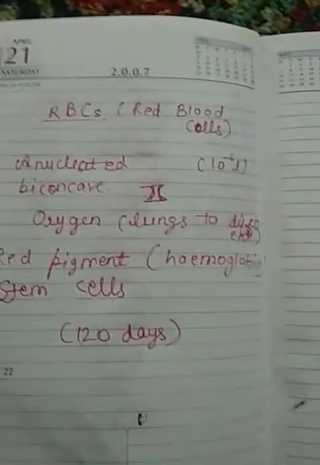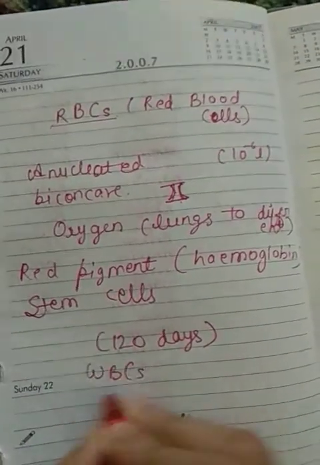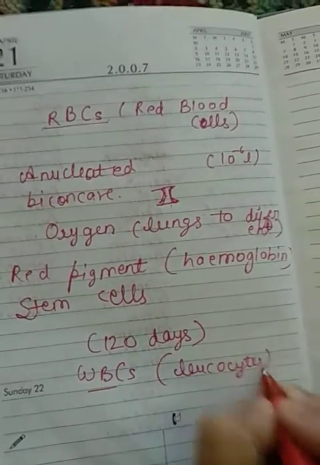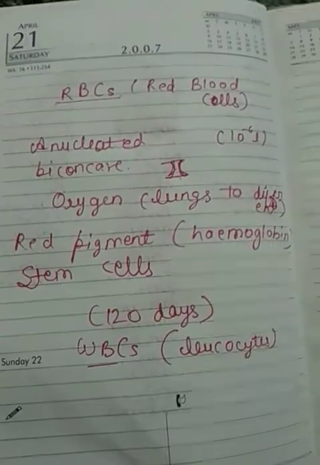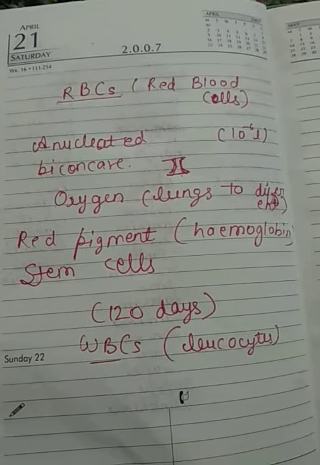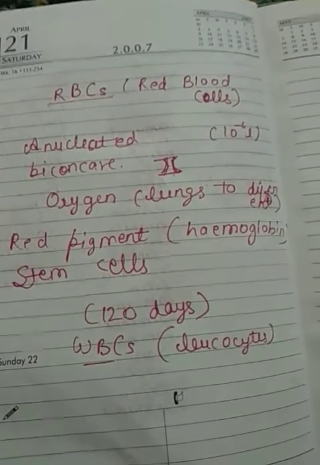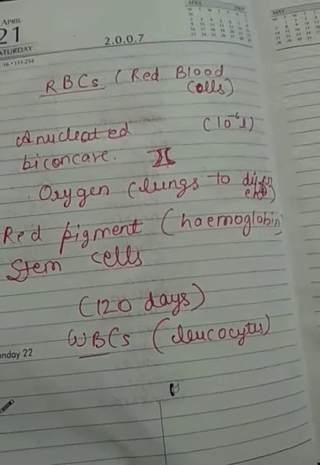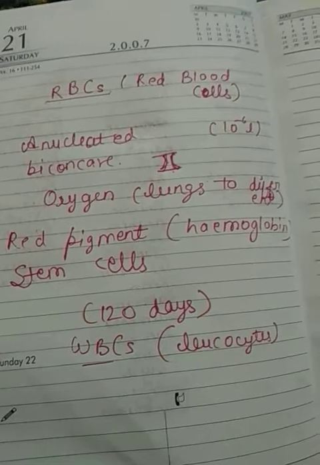Now the next component of blood is WBC, which is also called leukocytes. They are very less in number when compared to RBC. In fact, when you perform the centrifugation experiment which we performed in the case of plasma, you will find that WBCs are very less in number, but they are performing a wonderful job.